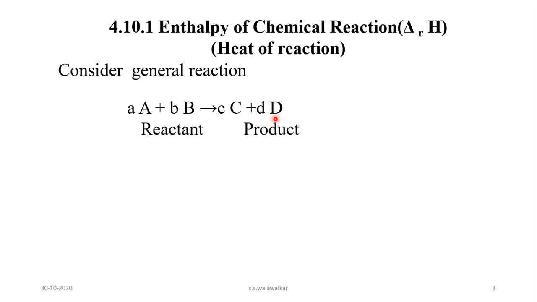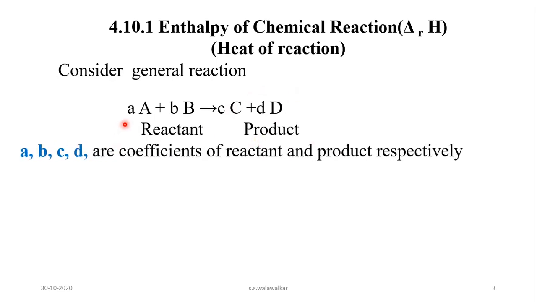A and B are the reactants and C and D are the products, and small a, b, c, d are the coefficients of reactants and products. They represent the amount of each substance.